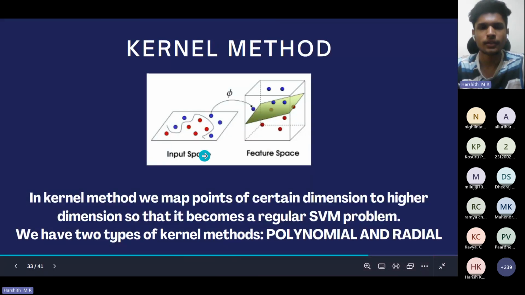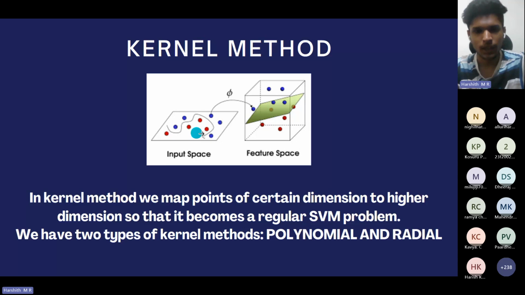So what does the kernel method do? Intuitively, the kernel method would map our lower dimensional data points into higher dimension. Here you can see that you can't split these points of different classes using a line. You would need a higher dimensional curve. But when you convert it into higher dimensions, you can see that you'll be able to separate these points using a linear plane.